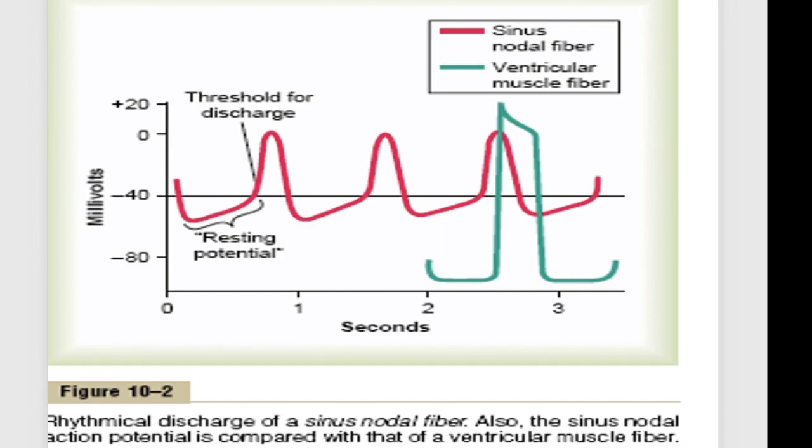Cardiac muscle is, as you know, involuntary and striated in appearance. In the heart, there are three types of cardiac muscle: atrial muscle, ventricular muscle, and specialized conductive muscle fibers.